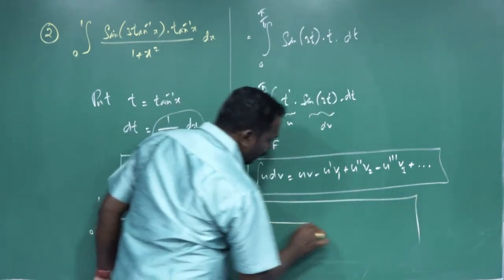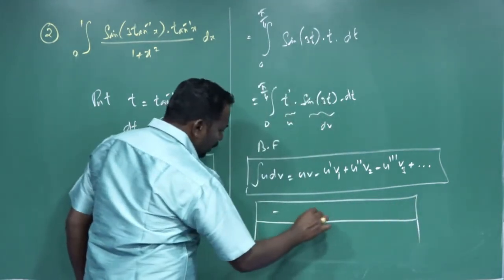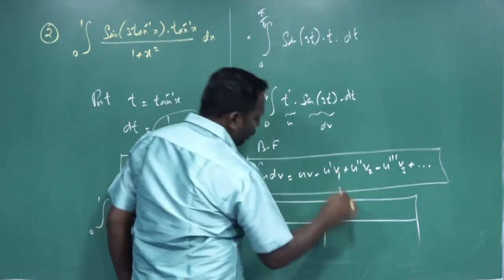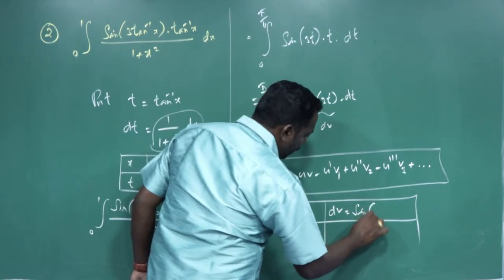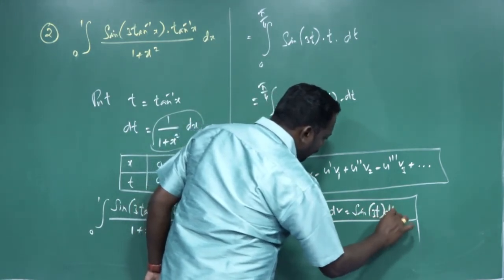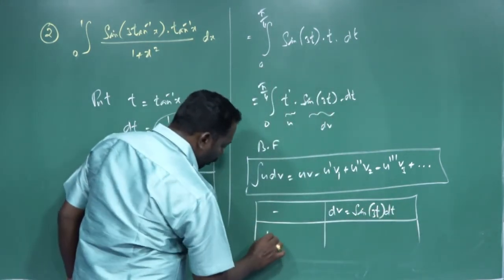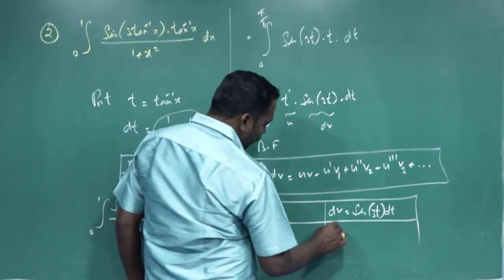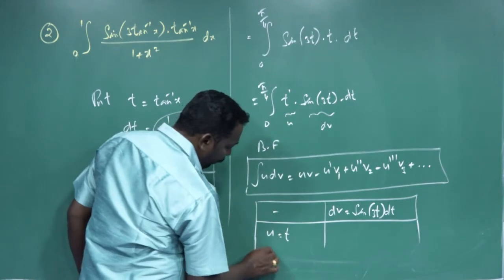For the first one, dash, the second one dv is considered as equal to sine 3t into dt. Now u is considered as equal to t.